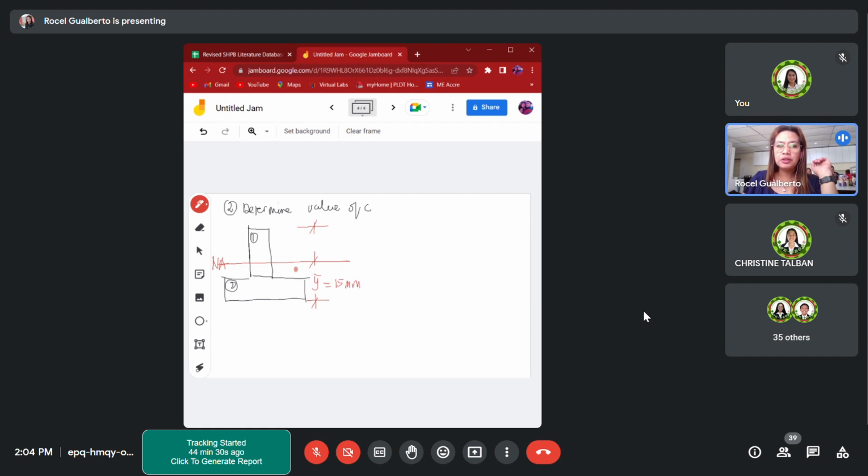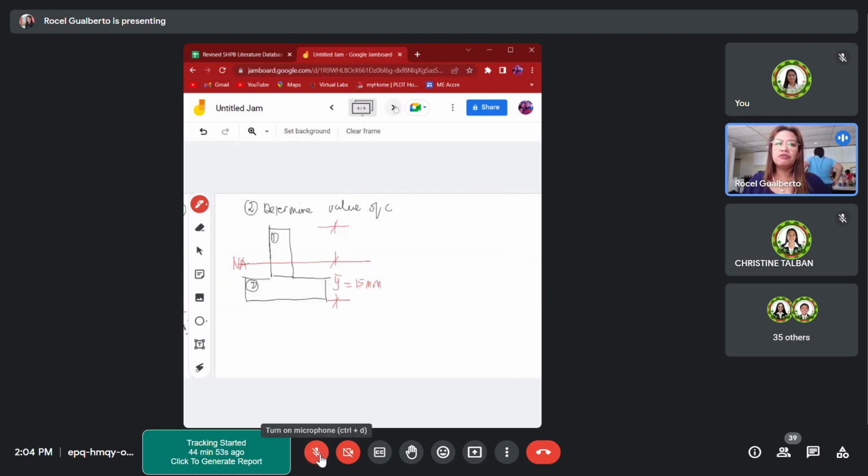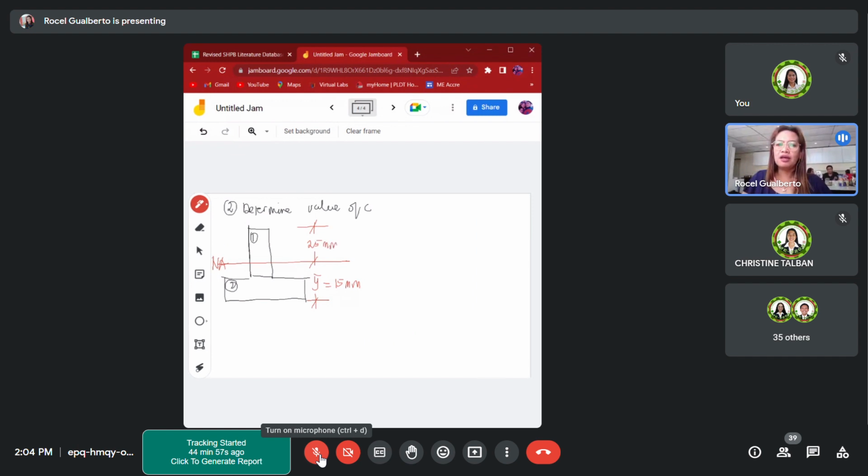Para makita natin yung sa taas, kukunin po natin the total height, which is 40 mm, tapos ibabawas po natin yung y bar. So, that would be 40 minus 15, which is 25 mm.